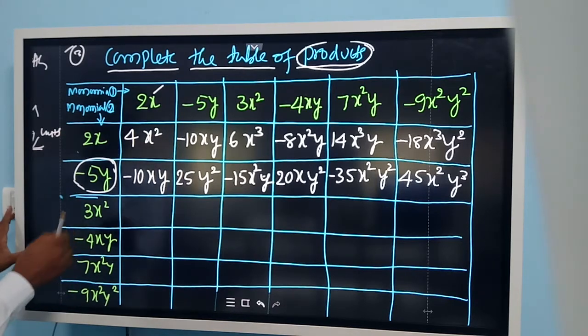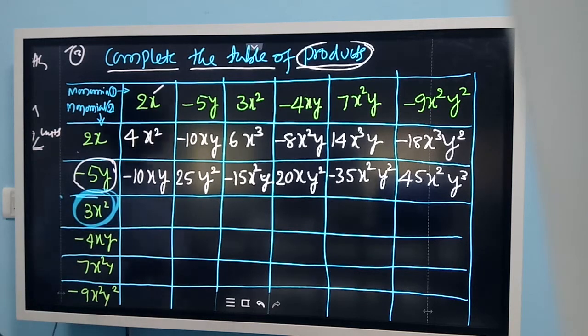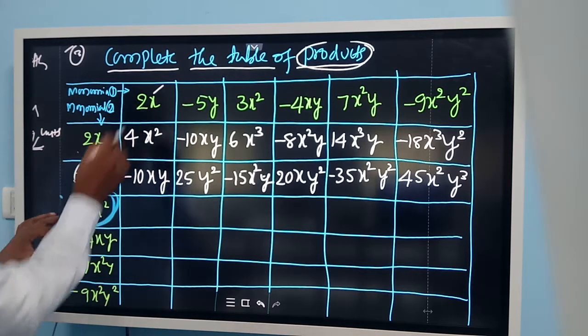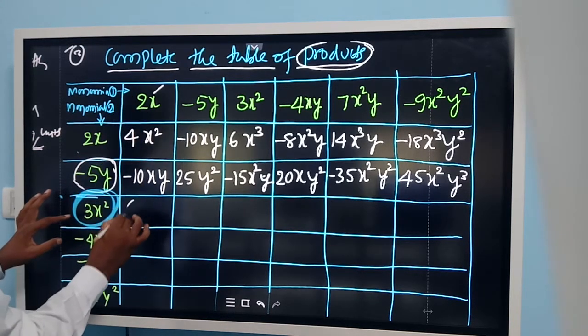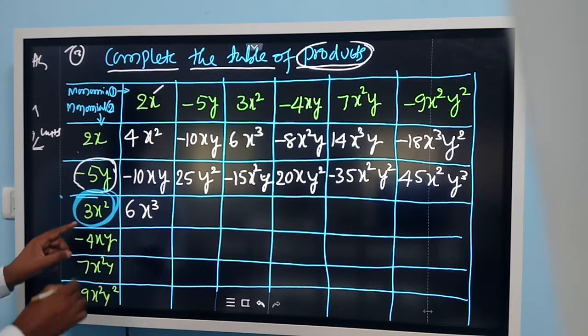Now come to this next one. 3x square should be multiplied to all these monomials. 3x square into 2x. 3 2s are 6. 6, x square into x to the power 3.